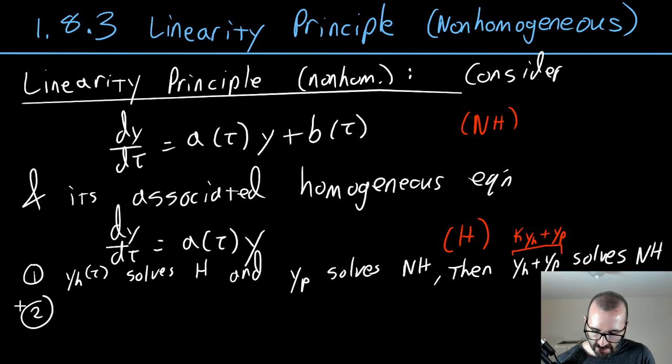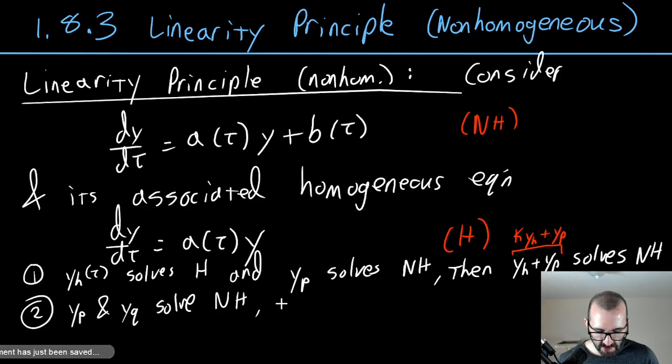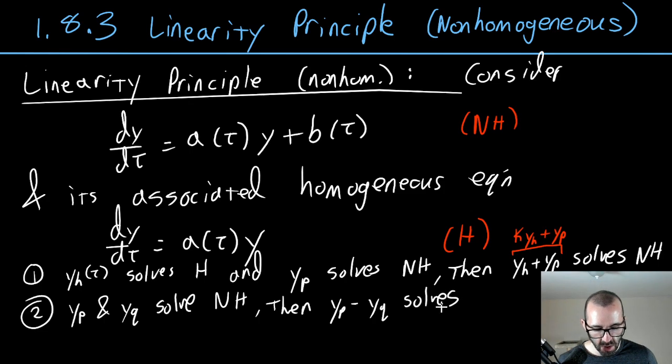And the second thing is that, again, with similar notation, if y_p and y_q both solve the non-homogeneous, so if we have two particular solutions to the non-homogeneous differential equation, then y_p minus y_q also solves the homogeneous.